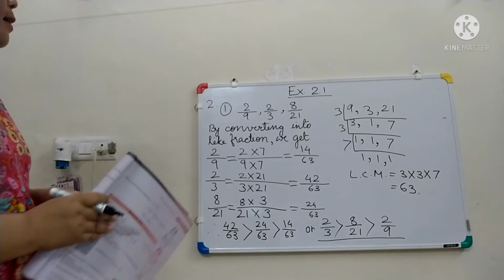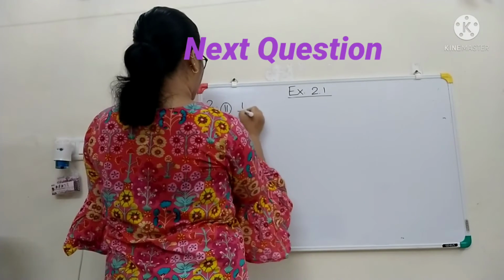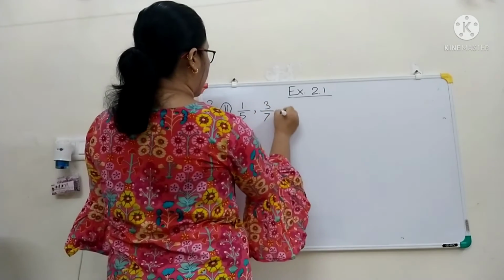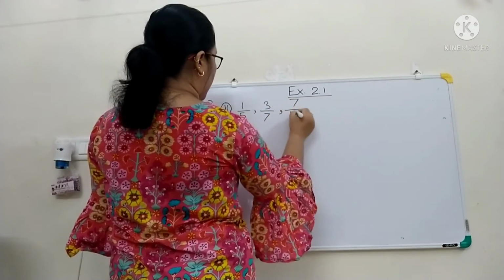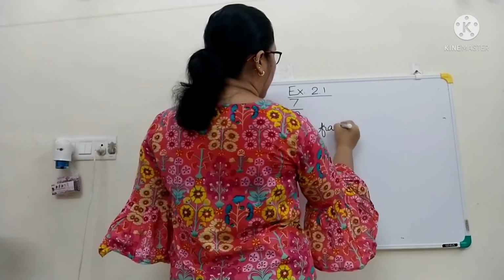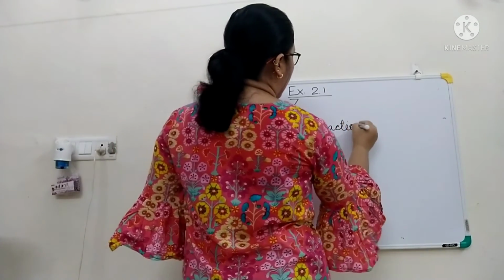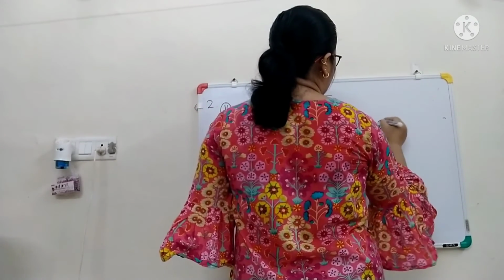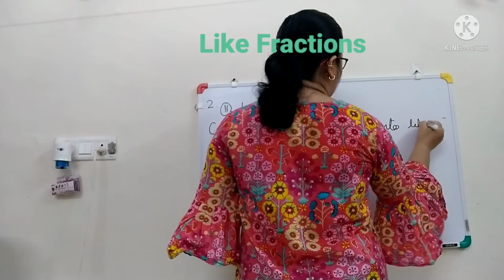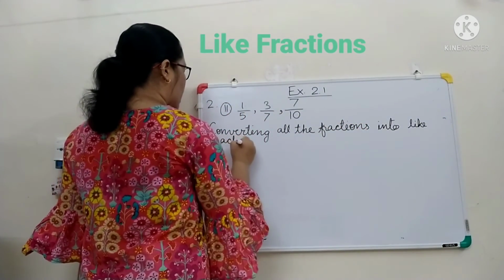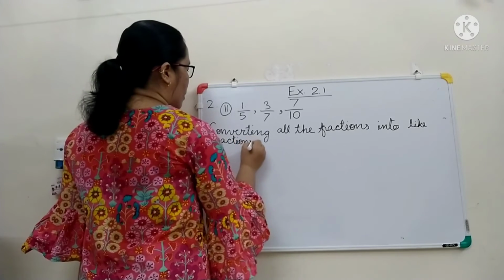Is it clear? Now we have 1 upon 5, 3 upon 7, 7 upon 10. Converting all the fractions into like fractions.